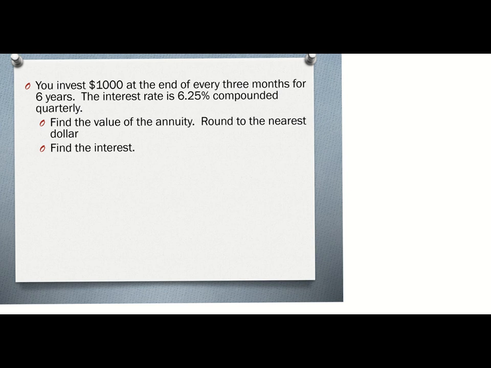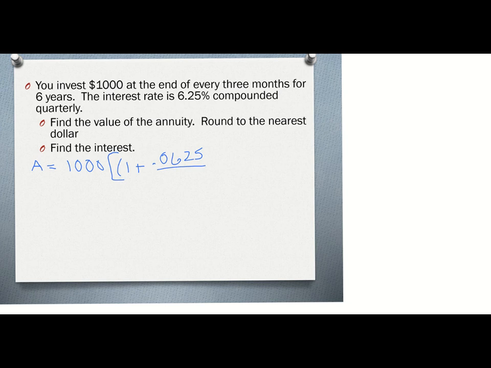So we're going to use the same formula as before. I'm going to say A is equal to, and my principal this time is $1,000 because that's what I'm investing each time, times 1 plus, and remember it's your rate, so 0.0625 divided by the number of times compounded, which is every 3 months.